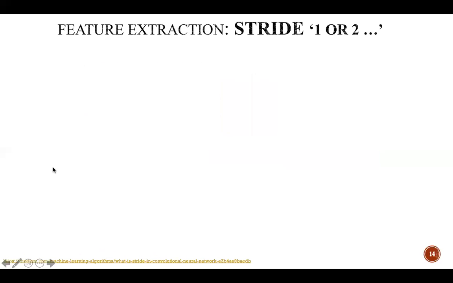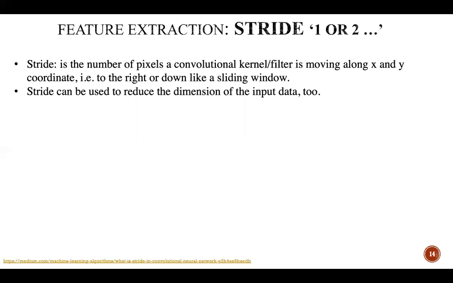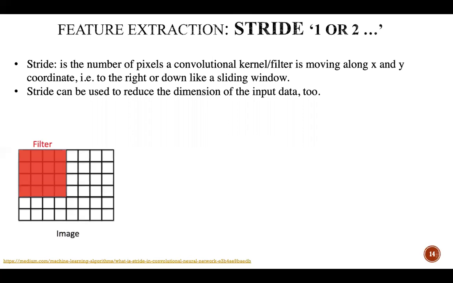You can have a stride of 1 or 2. So what is it? Stride is simply the number of pixels a convolutional filter moves along the X and Y coordinates. The main idea behind using stride is to reduce the dimensionality of your input data.